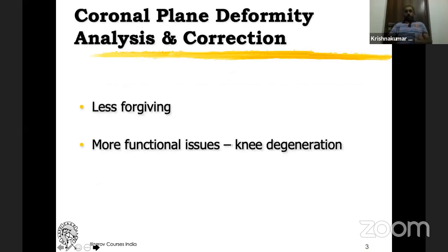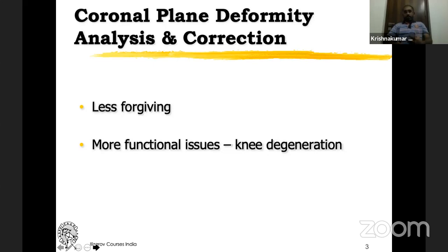So why do we choose coronal plane deformity analysis to start with? The reason is the coronal plane deformities are comparatively very less forgiving compared to sagittal plane deformities, because if there is a coronal plane deformity of the lower limb, like if you have a varus in the femur or tibia, the entire assault is going to be happening at your knee joint.